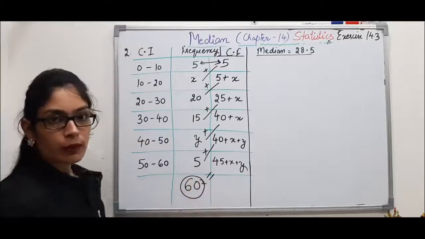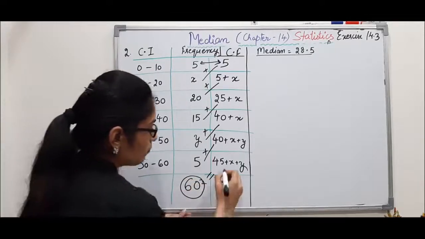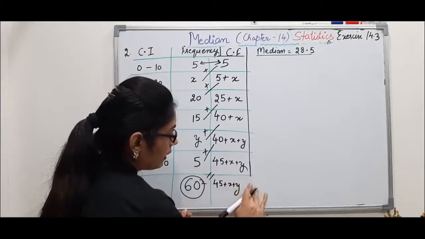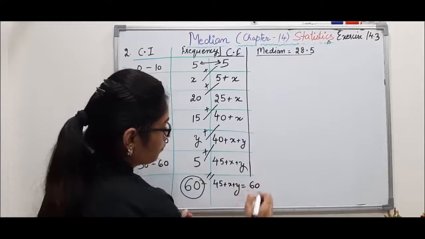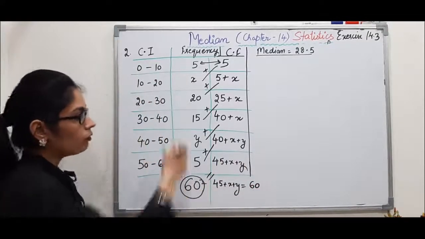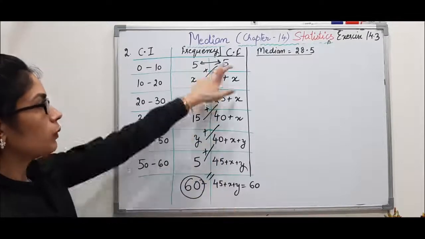The total frequency is 60, which means 45 plus x plus y is also equal to 60.